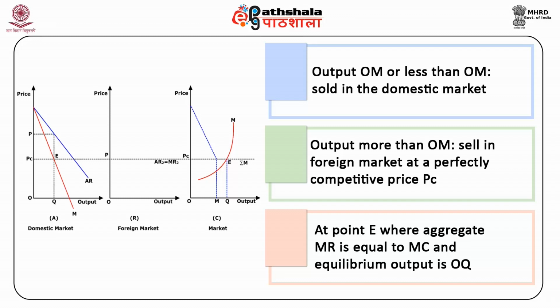Out of OQ units of output, OM is sold in the domestic market at a price PM and MQ is sold in the foreign market at price PC, that is, OQ is equal to OM plus MQ, and the price in the foreign market is less than the price in the domestic market. This is said to be dumping in the foreign market.